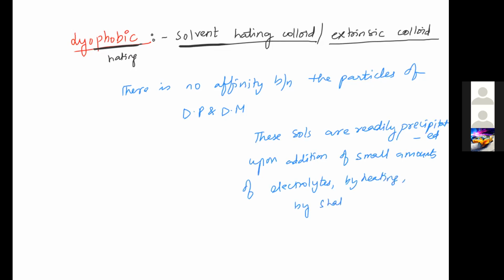Once precipitated, they will not go back to the colloidal solution by any means. So these solutions are irreversible sols. Please write down that these are irreversible.